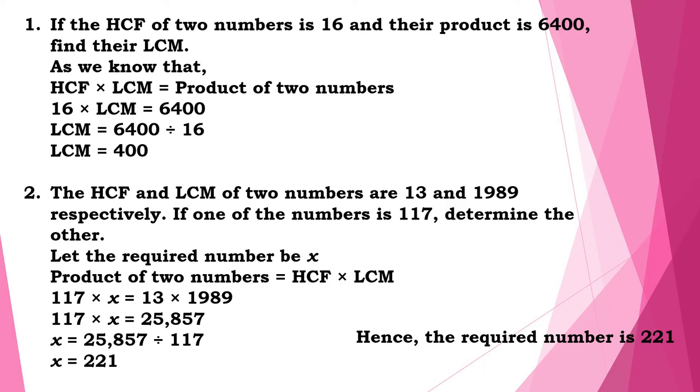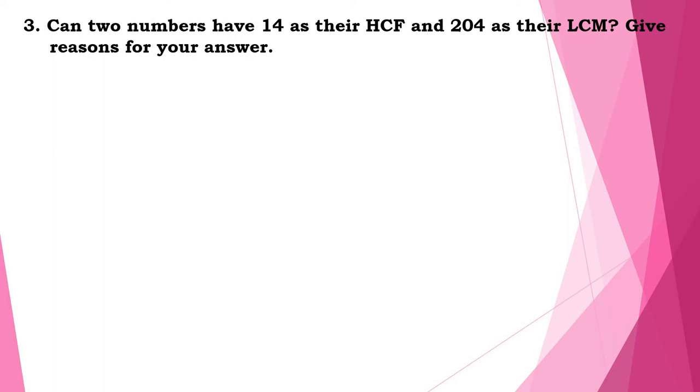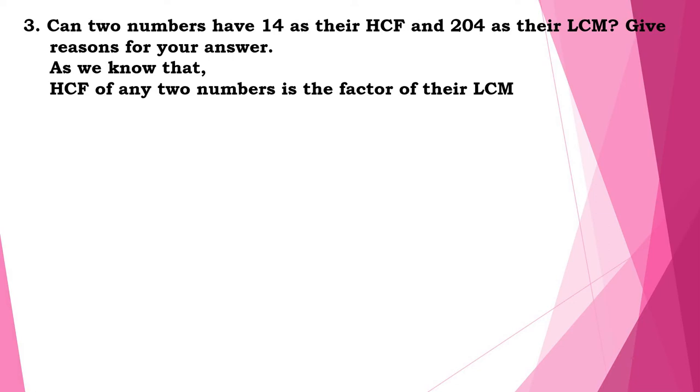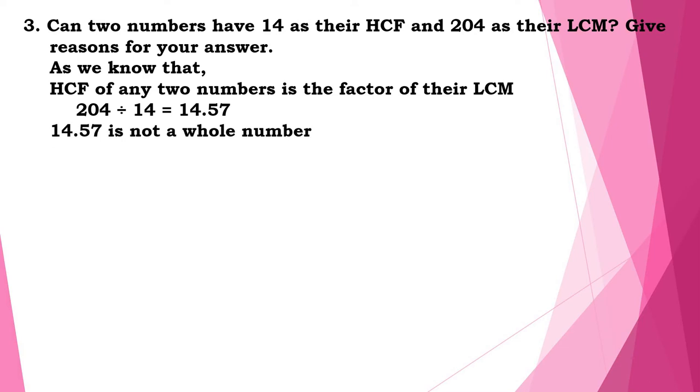Alright. Next question. Can two numbers have 14 as their HCF and 204 as their LCM? Give reasons for your answer. As we know, the HCF of any two numbers is always a factor of their LCM. So 204 divided by 14 is not a whole number, it is 14.57, which is not a whole number.